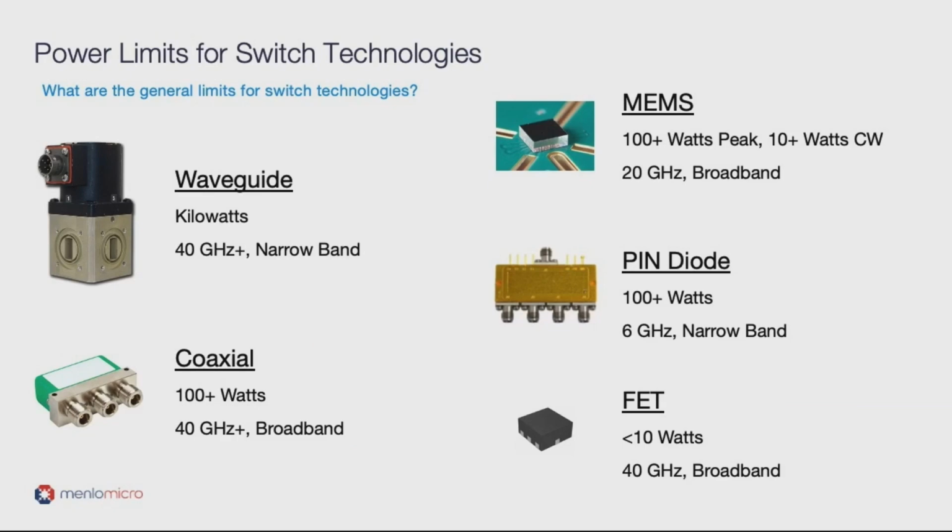They are also narrowband, so are designed for specific frequency bands, although typically wider than a waveguide switch. Lastly, FET switches are lower power than most of the other options, extending up to maybe 10 watts, but are also available broadband and into millimeter wave frequencies.